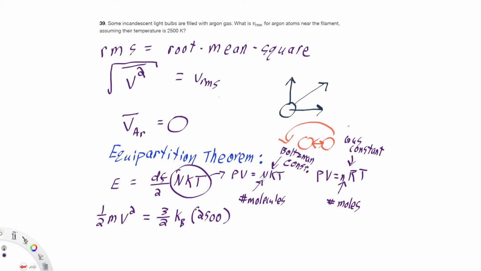All that means is that capital N is Avogadro's number times bigger than little n over here, and Boltzmann's constant is Avogadro's number times smaller than big R. So the right-hand side is exactly equivalent. It's just that physicists are usually talking about small numbers of particles, so we like Boltzmann's constant, and chemists are usually talking about large numbers of particles, so they like the gas constant.